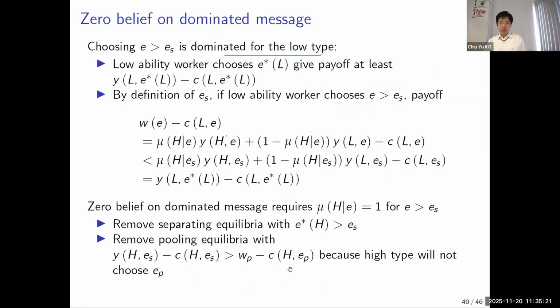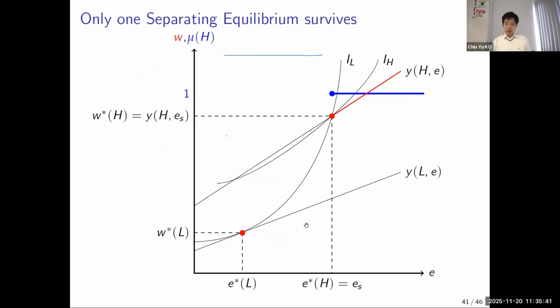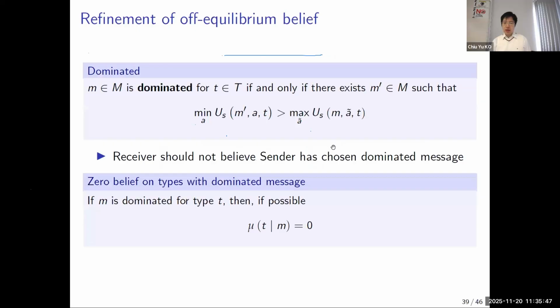So the question is, look at this: why I remove the E star? More than ES is gone, and we have ES here rather than the previous case. Check here.